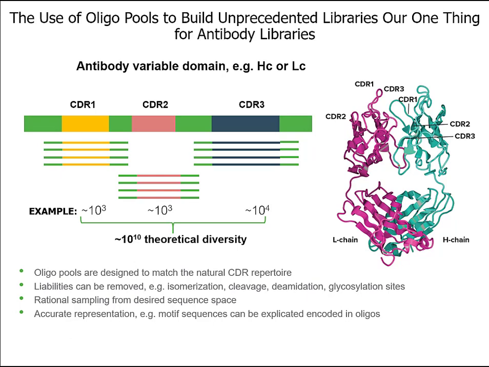In addition, I can remove sequences up front that might lead to liabilities in the antibody sequence. So for example, isomerization sites, cleavage sites, deamidation sites, maybe even glycosylation sites. And then third, I can even do fancy things like encode for specific motifs in those sequences if I choose to. And it actually enables me to go after some difficult targets that I'll talk about later.